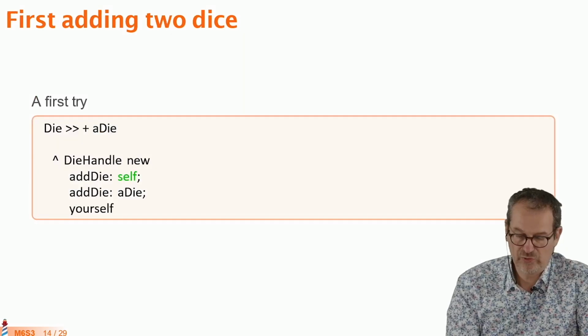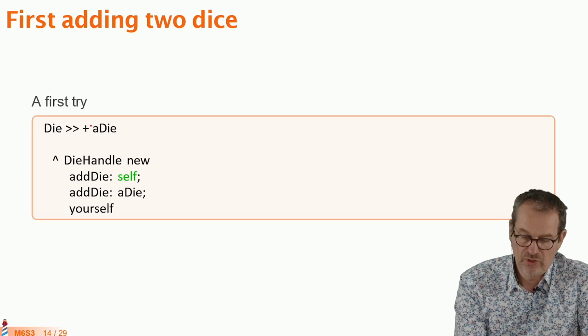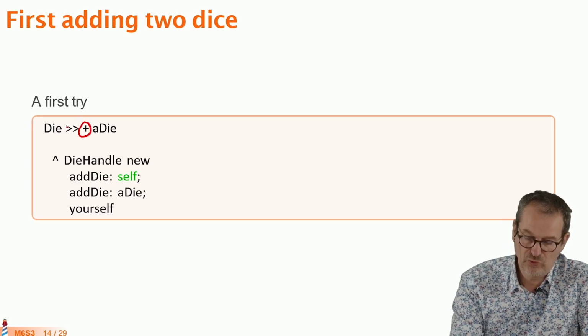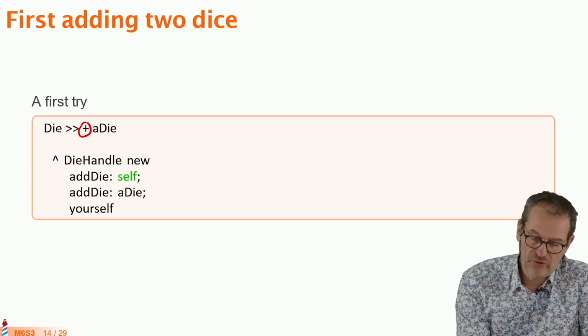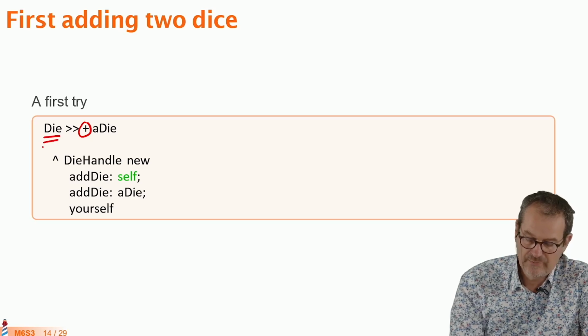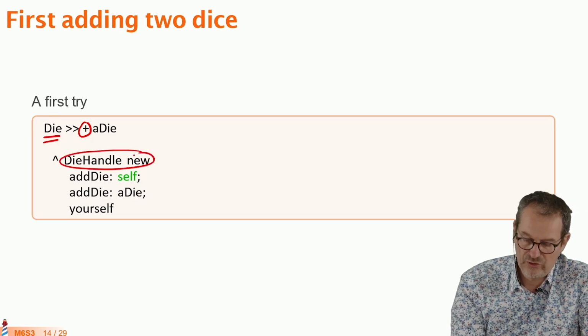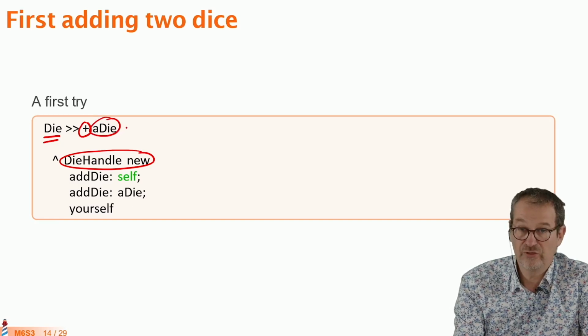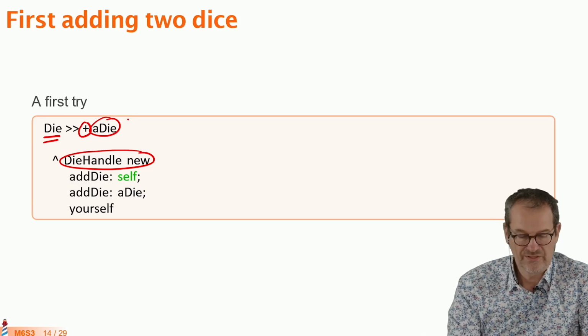Let's see how we do it. It's a first try. It will not really work, but let's try. So the first thing that we can do is to add the plus in the die class. We create a DieHandle, we add self, and we add a die. It does not work because this argument can be a DieHandle, but let's start like that.